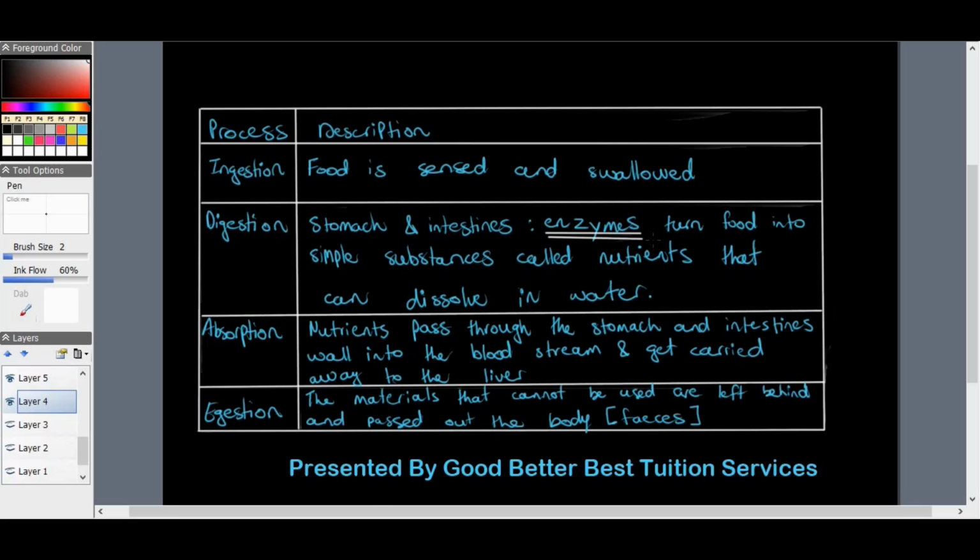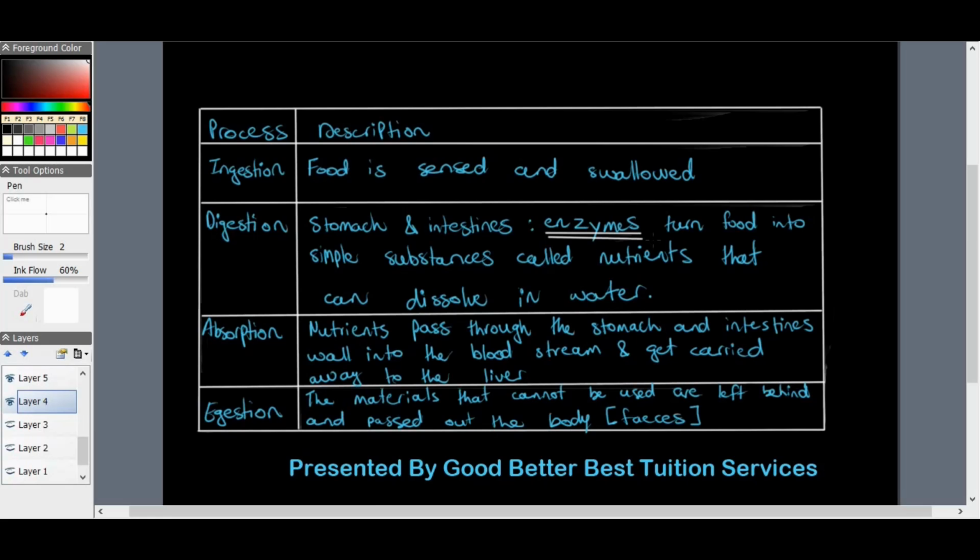And then we move on to the absorption process, which is not as long as digestion, but almost as long. The nutrients now pass out through the stomach and intestine wall. There's a little wall there that it passes through, just like a cell wall that allows nutrients to pass through and pass out. We have an intestine and a stomach wall.